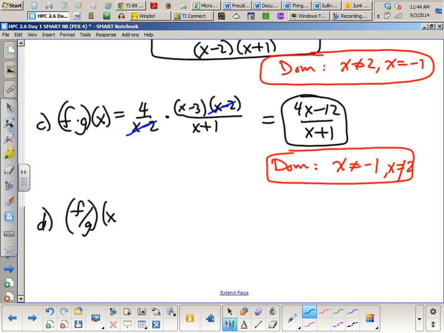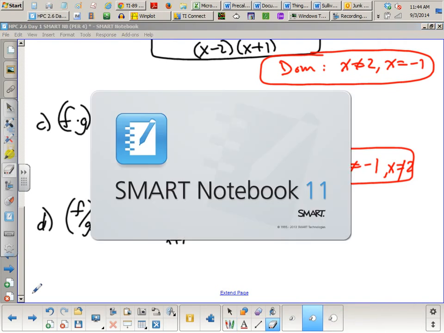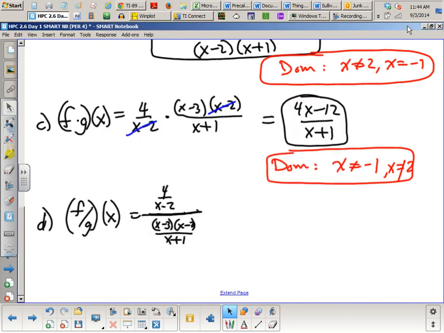F over g. So I have 4 over x minus 2, and then I have x minus 3, x minus 2 over x plus 1. So this is what we call a fraction within a fraction. Not quite a complex fraction, but it's pretty close. Pretty ugly stuff.